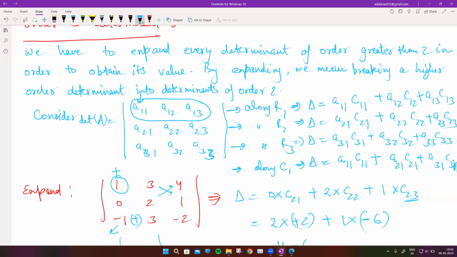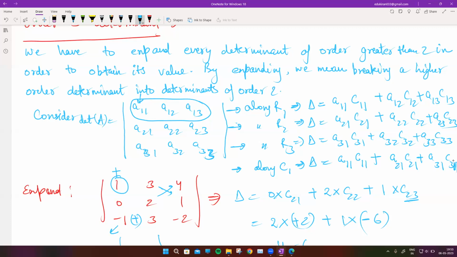Multiply each element of that row or column with its cofactor and add all of them. If I want to expand along the second row, then A21 with C21, A22 with C22, and A23 with C23, and then add everything.